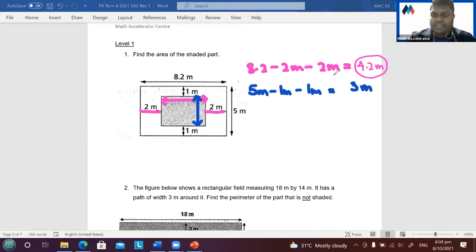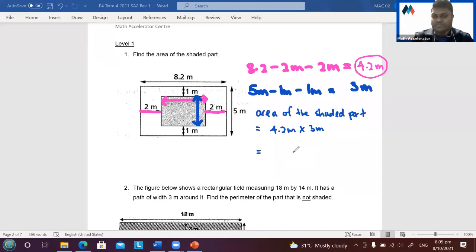You've got your length, which is 4.2, and you've got your breadth, which is 3 meters. So what is the area of the shaded part? Write down: area of the shaded part equals 4.2 meters times 3 meters. Can you all type in the chat what the final answer is?